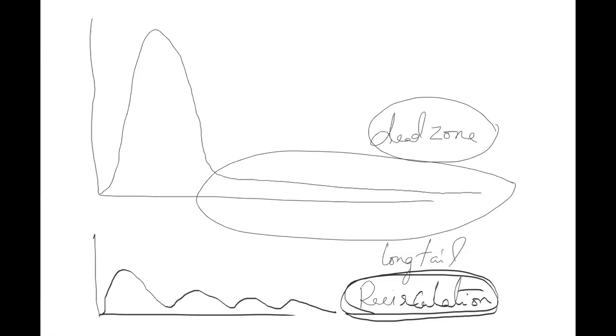Suppose you have multiple peaks: this is one peak, this is one peak, this is one peak, this is one peak. Multiple peaks are an indication of recycle, no? So this is called recirculation, or recycle inside the reactor.